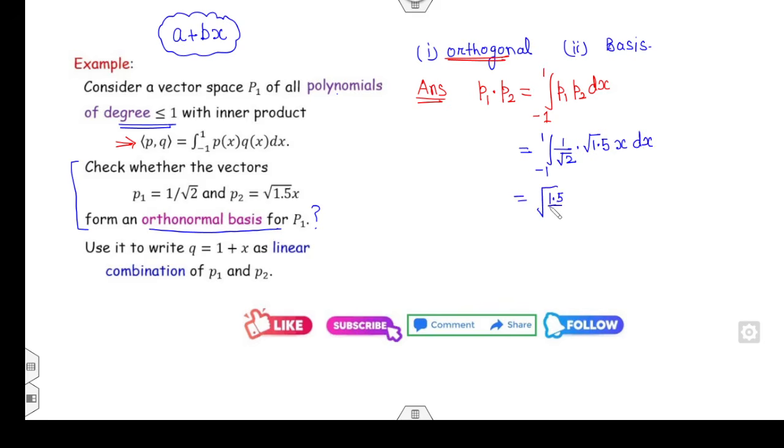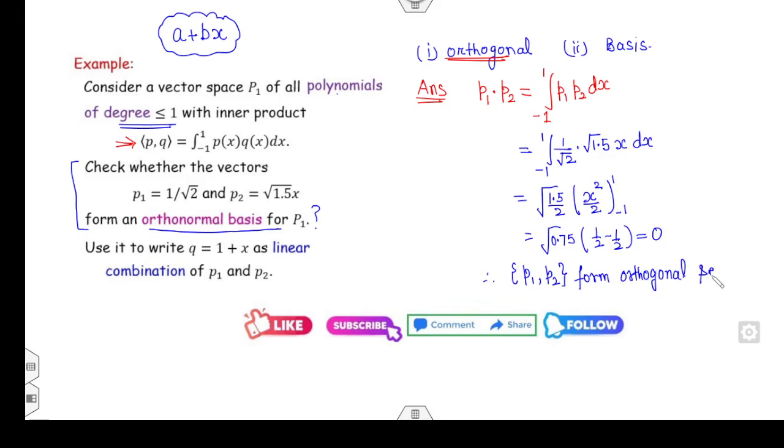Root 1.5 over 2 is outside. The integration of x is x square by 2 from -1 to 1, and clearly this number is 0.75 times half minus half, which is 0. Therefore, the given set of polynomials forms an orthogonal set.